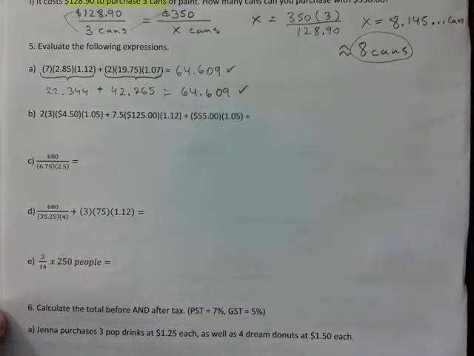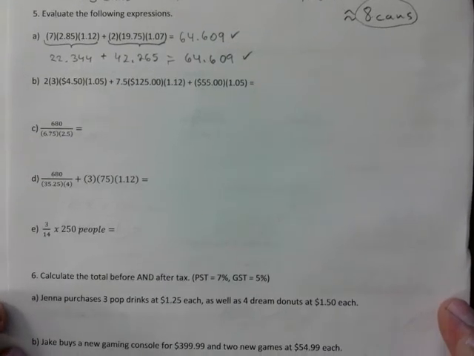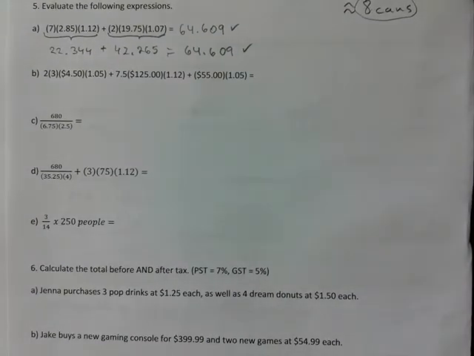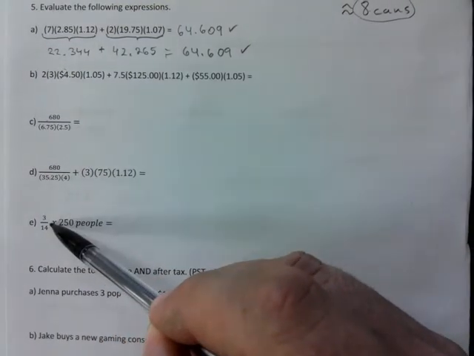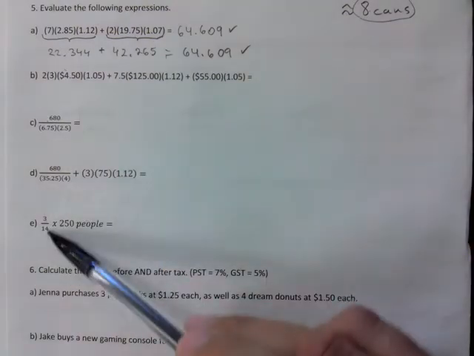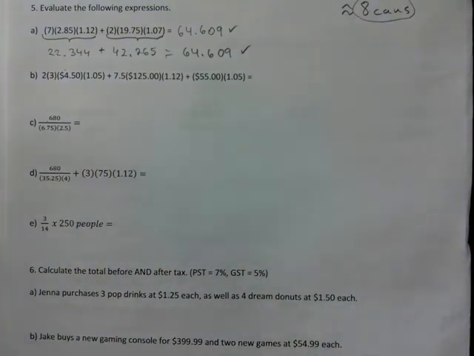I want you to try these on your own, and then I'm going to go over them. You should be able to do this already. You decide how you want to do it. Do you want to do it step by step? Do you want to do it one at a time?